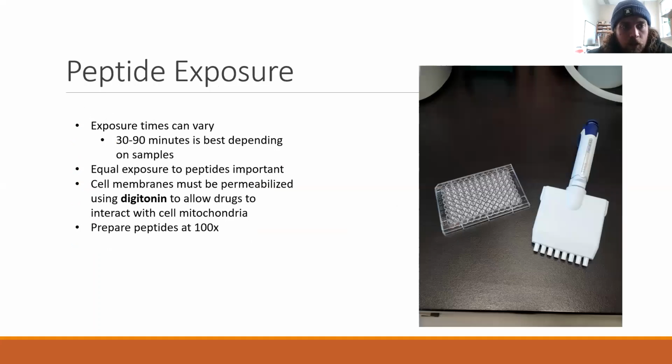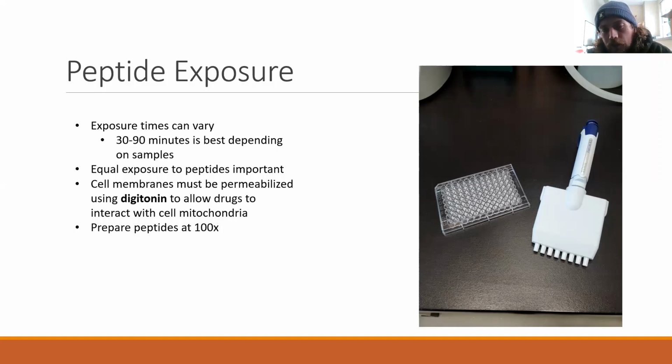So for peptide exposure, this is where I'm going to recommend a plate assay as well as a multi-channel pipette. After you do your surface marker staining of your cells, you're going to expose your cells in equal amounts in each well to your different peptides or drugs in your protocol.